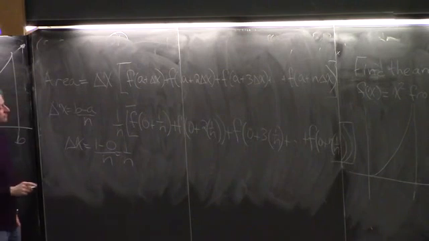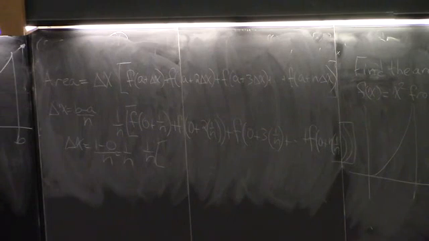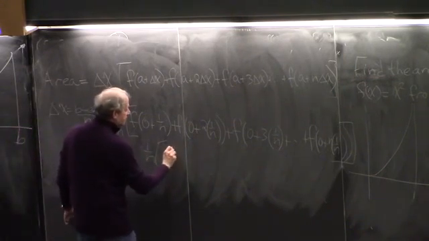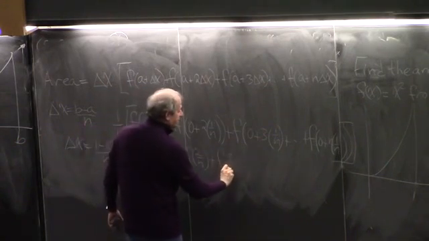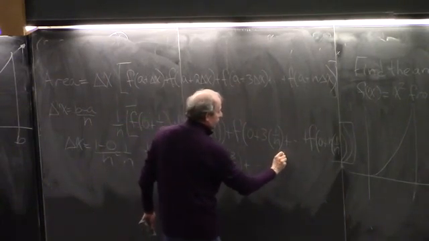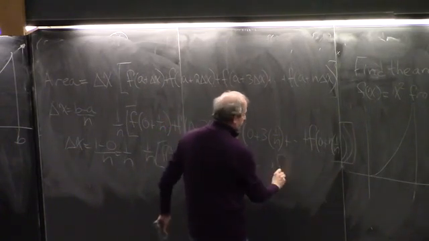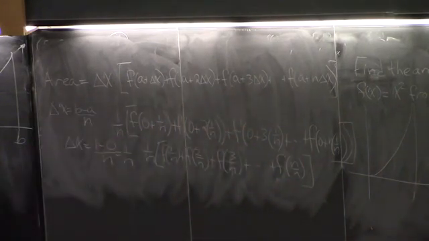Now I can simplify that. So this is f of 1 over n, f of 2 over n, f of 3 over n, all the way to f of n over n, also known as f of 1.